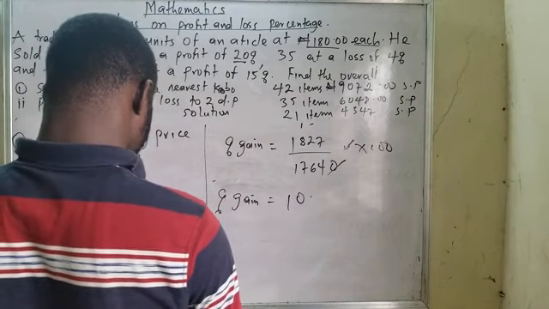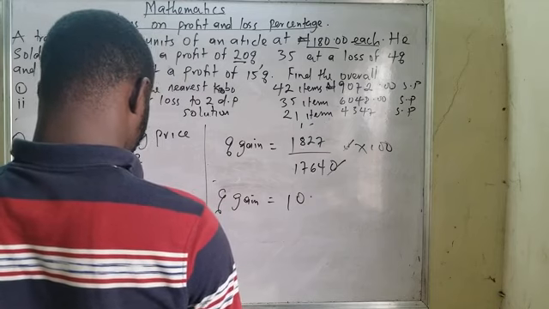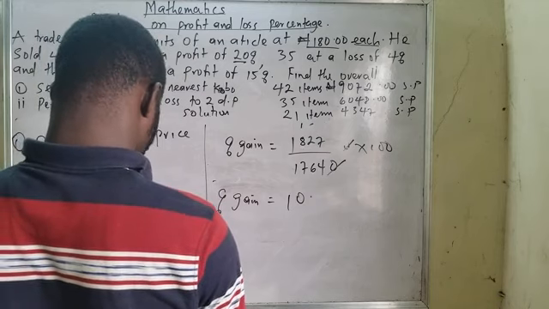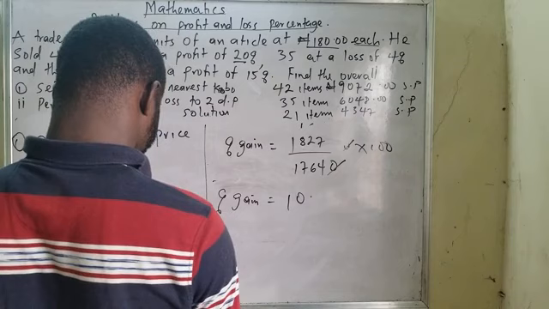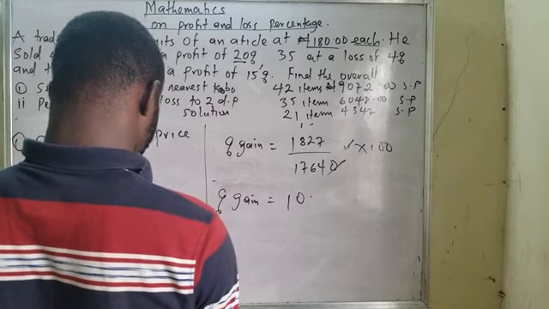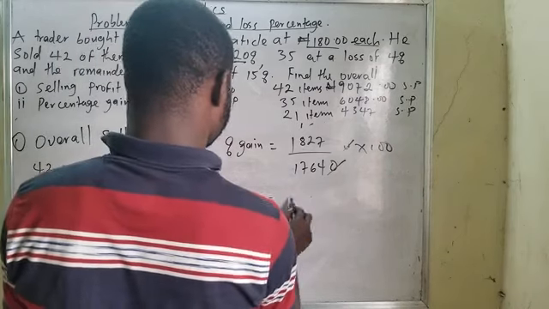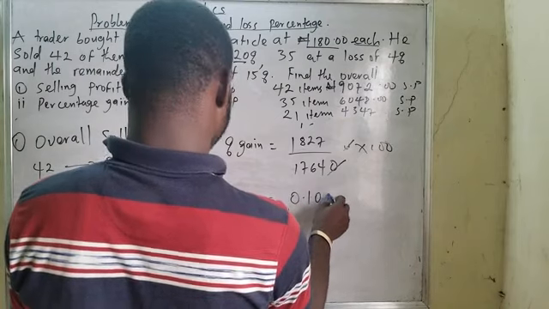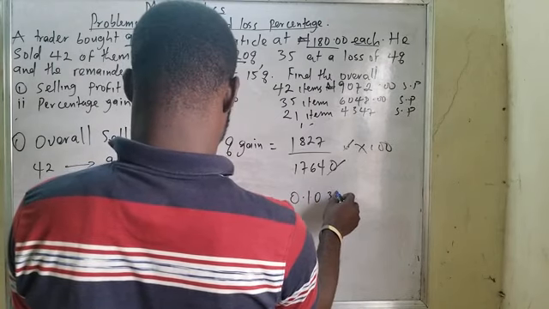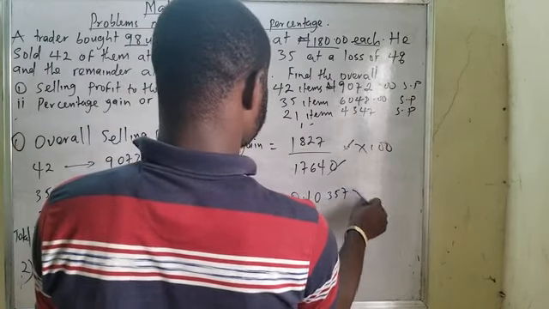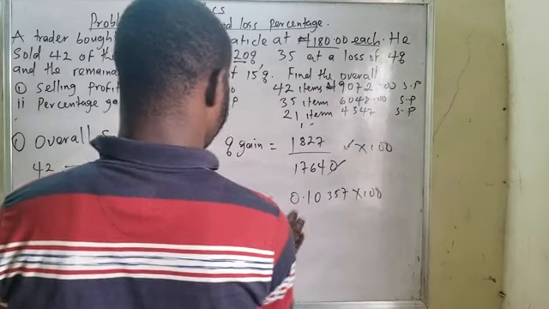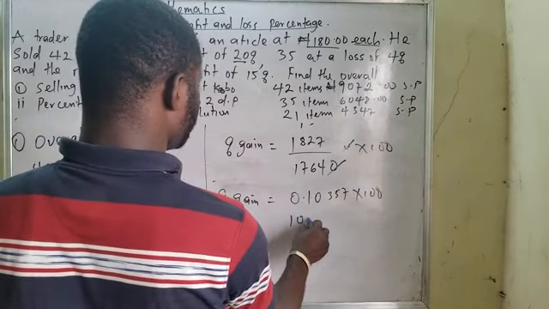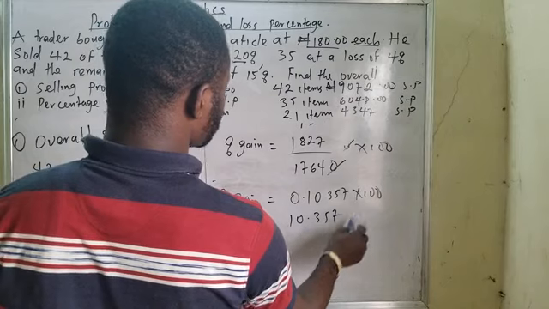I have 1827 divided by 17640, which is going to be 0.103 multiplied by 10 multiplied by 100, which will be 10.357.